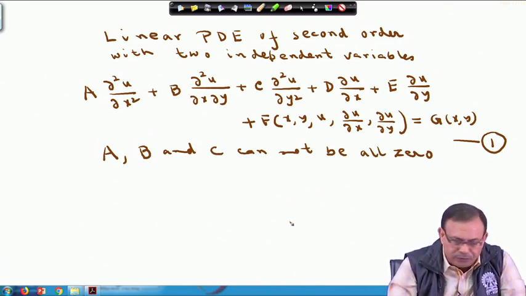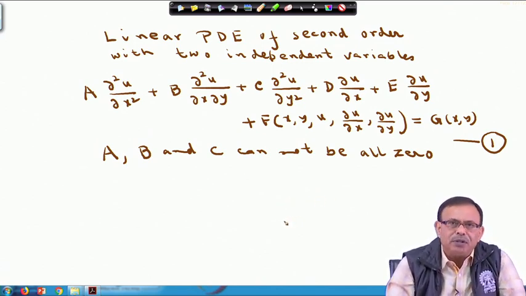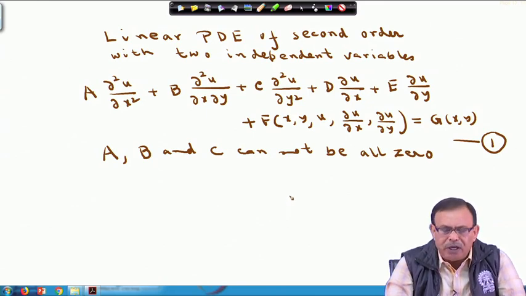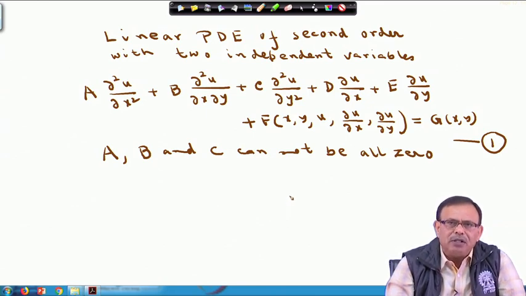Whenever I have this general equation, I can classify it depending upon the values of a, b and c. I am not going into how to classify it, because for that we have to go through the course of PDE.